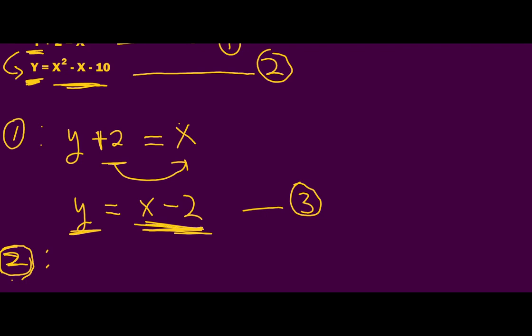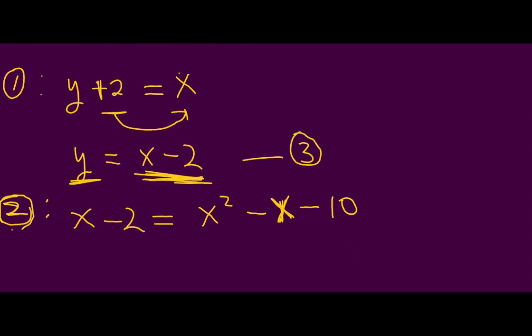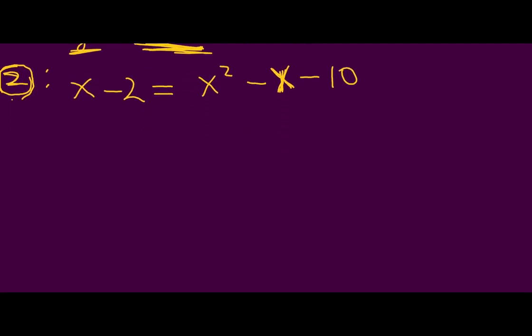This is x minus 2 equals this term right here, that is x squared minus x minus 10, right? Then from here we're going to solve for x.